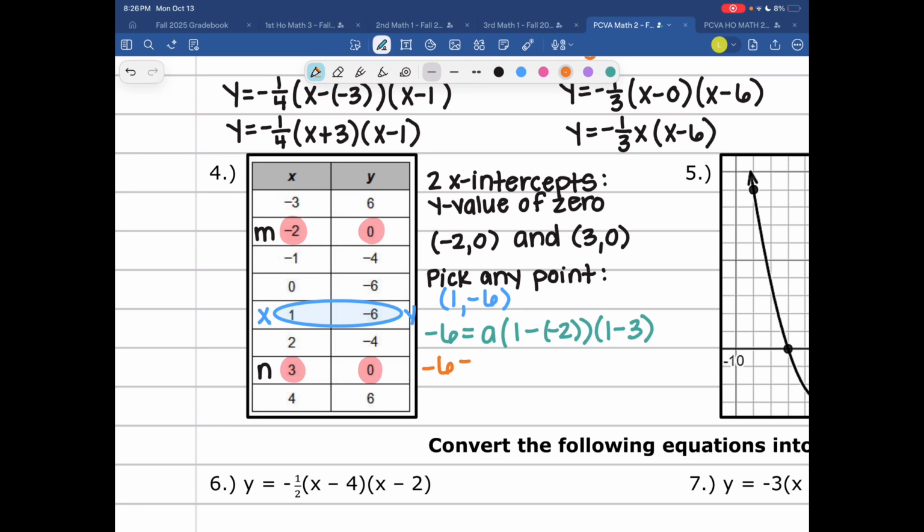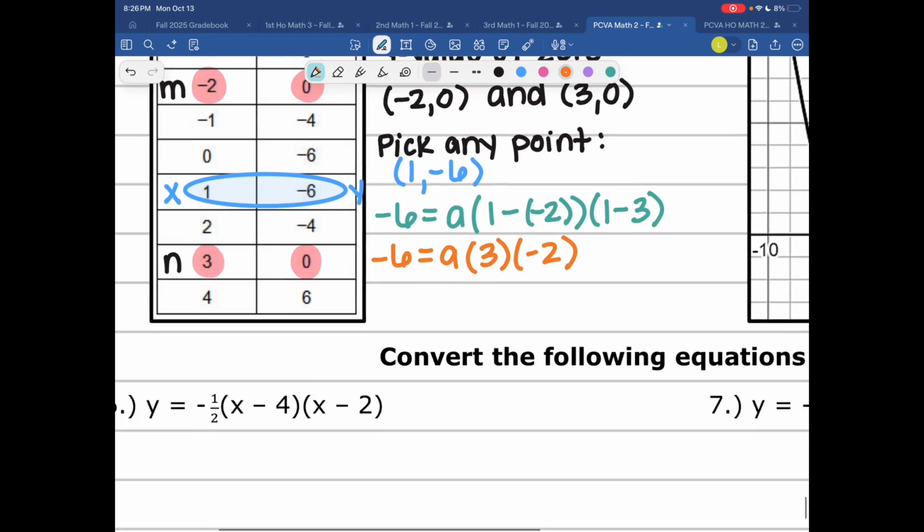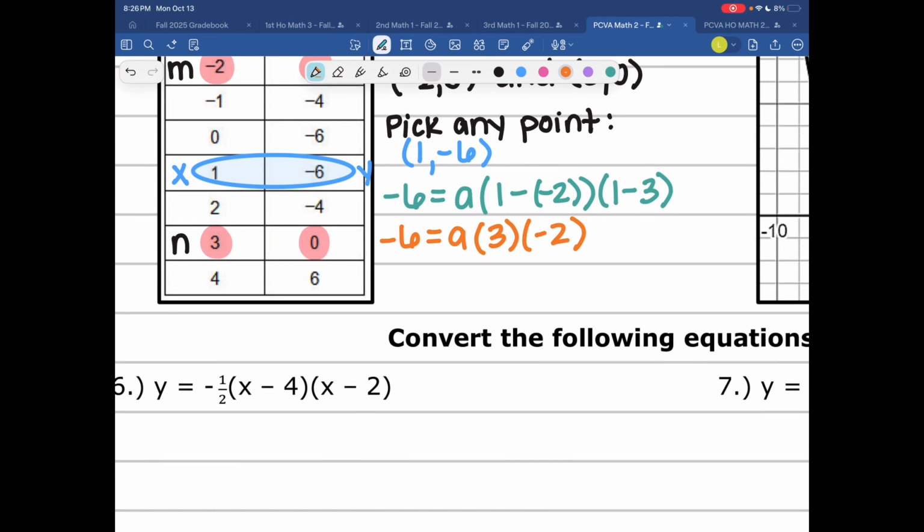So -6 equals a times 3 and -2. All right, so when I look at this, I have -6 equals a times -6. And of course, if I divide that, that's going to equal a positive 1.